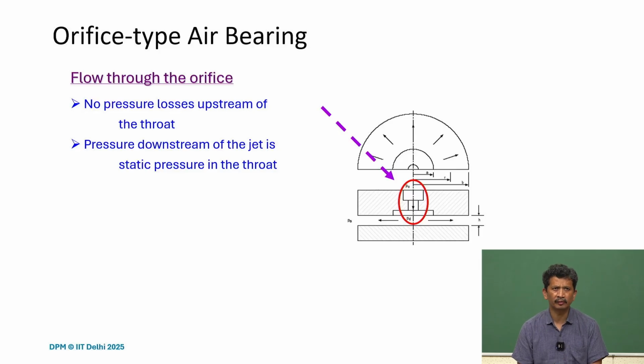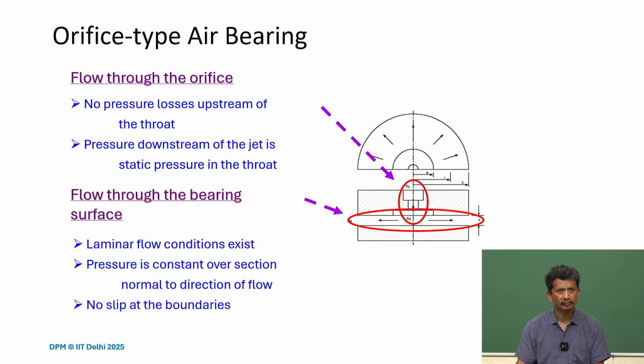What is assumed here is that there are no pressure losses upstream of the throat, and the pressure downstream of the jet is the static pressure in the throat. That's the first part of the flow through the orifice.